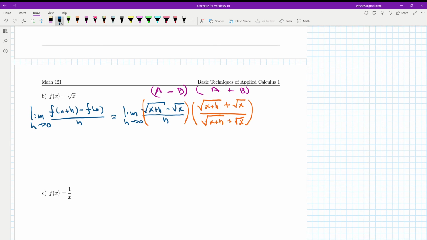And let's do instead the limit as h approaches 0 of the square root of x plus h quantity squared minus the square root of x quantity squared over the product. Let's just multiply this across, h times this quantity. And my advice, the same advice that I gave back in that section: do not distribute, just multiply across without distributing.